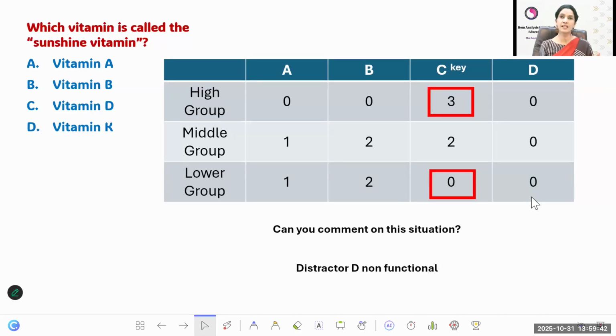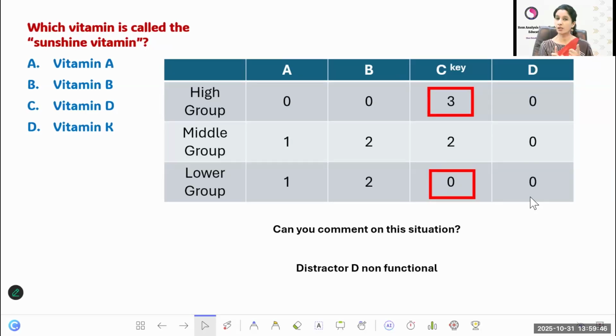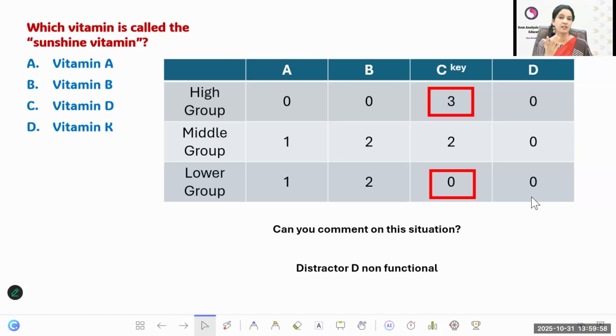So we can say that distractor D is not a functional distractor. Because what is the function of a distractor? A distractor should distract the poor performing student or the student who has not read well. So if this distractor D is not attracting anyone, that means it is not a distractor. Because what is the literal meaning of distractor? It should distract you. Distract not the higher performing, but the lower performing.